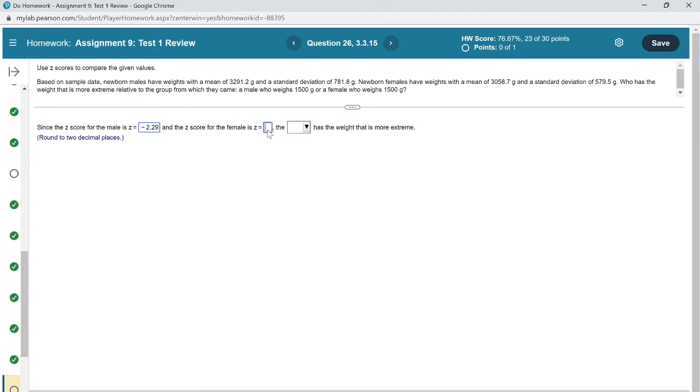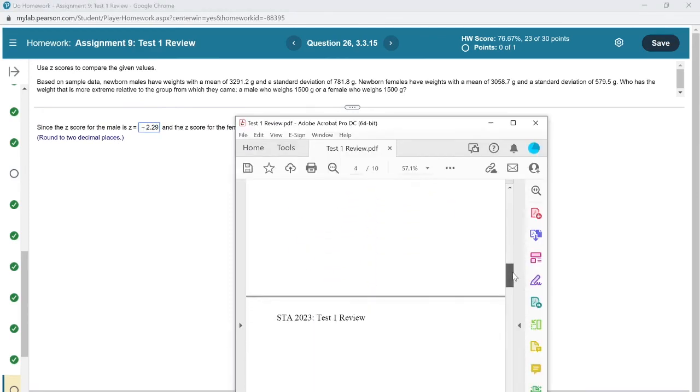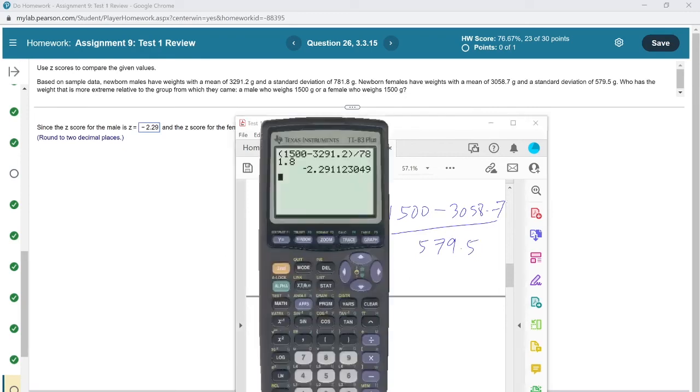And for the z-score for the female, we can use the same formula. Again, 1500 minus the average, 3058.7 for the female, divided by the standard deviation, which is 579.5. So calculate this value using a calculator.